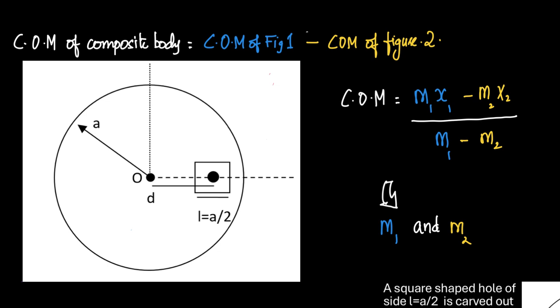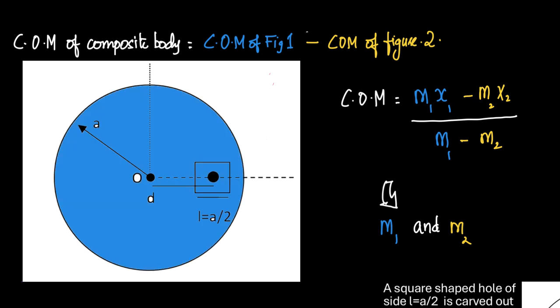The circle represents this larger figure, and we removed the square out of it. When we remove the square, we get a hole, and this hole subtracted from the complete circle gives the composite body. So the center of mass of this composite body, since it is subtraction, would be m1x1 minus m2x2 by m1 minus m2.